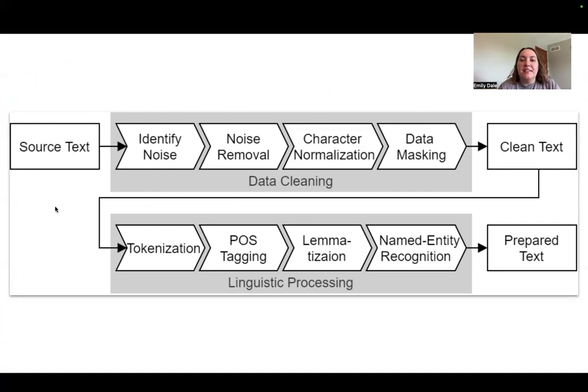But this data cleansing process, and really we're getting into this linguistic processing this week as well. But for data cleansing, we want to identify and remove noise. So noise is things that we don't want in our data set, things that are taking away from the actual research question that we have. We want to normalize characters.